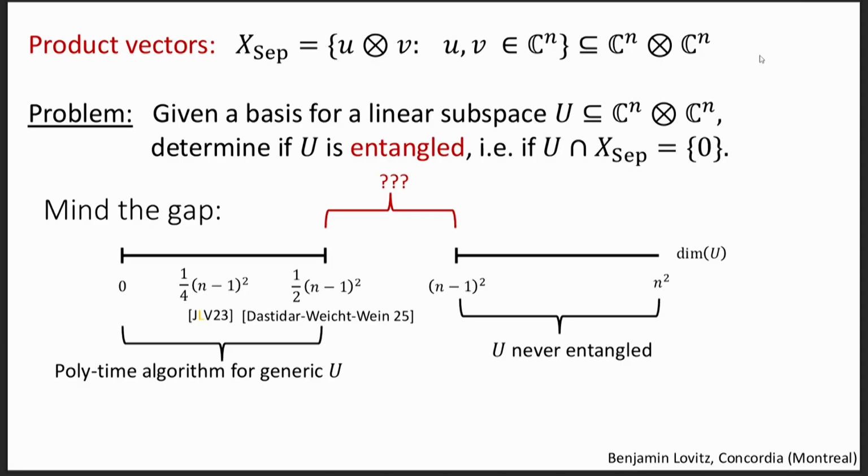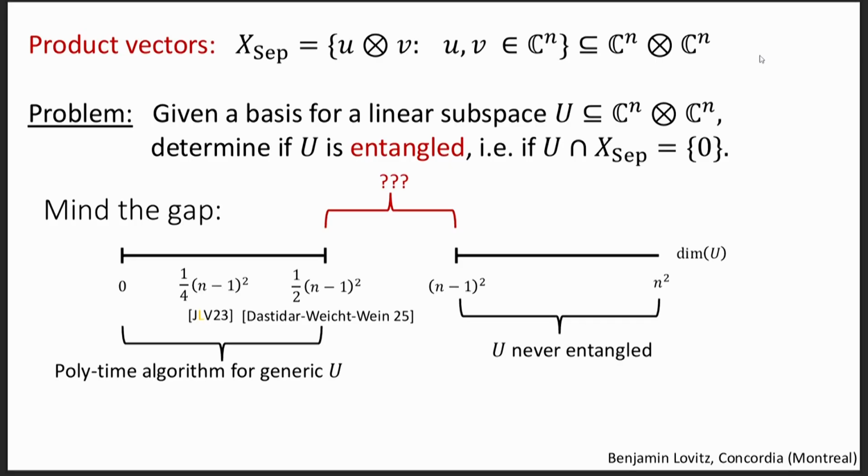Okay, so what does this get us to for the present work? We have this gap now. I showed you this result of our FOCS paper. We went up to 1/4 (n-1) squared and basically had a polynomial time certificate in the generic setting for dimension of U up to 1/4 (n-1) squared. This was extended by Dustadar, Waked, and Wine.